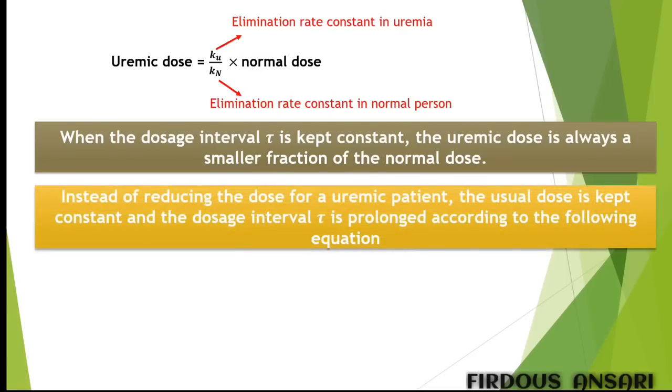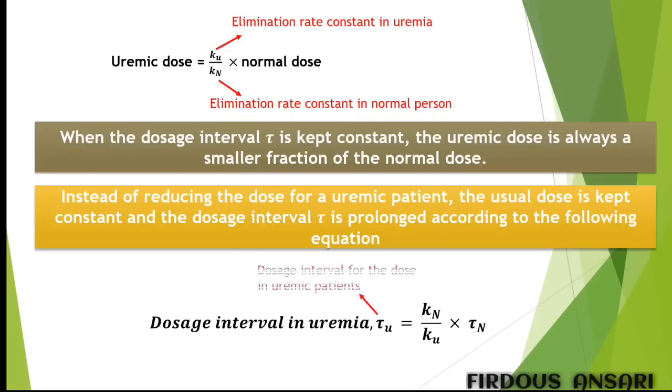Instead of reducing the dose for a uremic patient, the usual dose can be kept constant and the dosage interval tau prolonged according to the following equation. So we can even prolong the dosage interval: tau u, the dosage interval in a uremic patient, is equal to Kn divided by Ku multiplied by tau n.